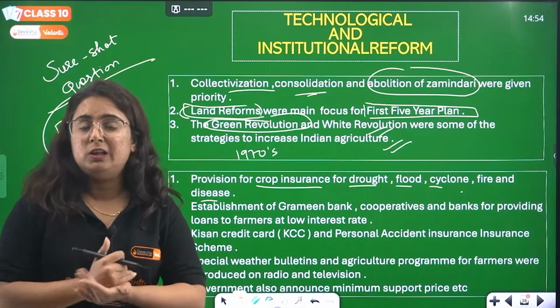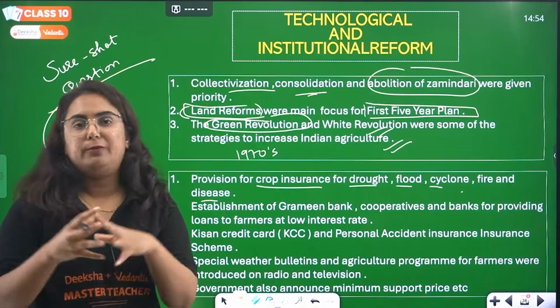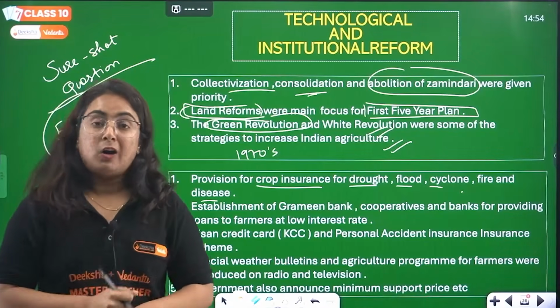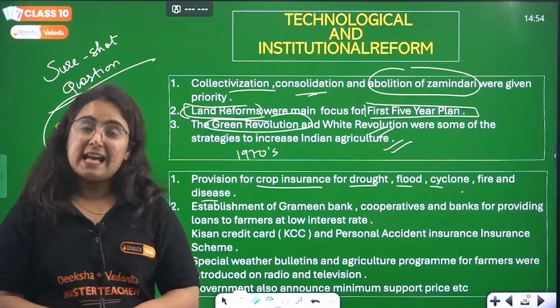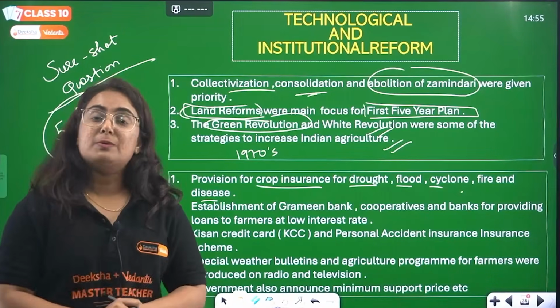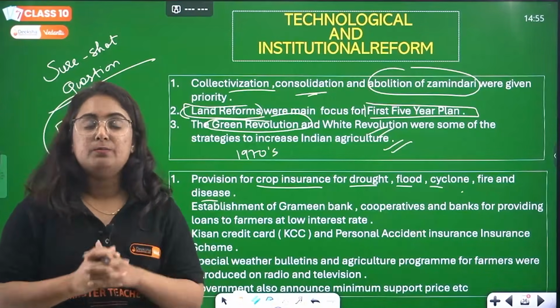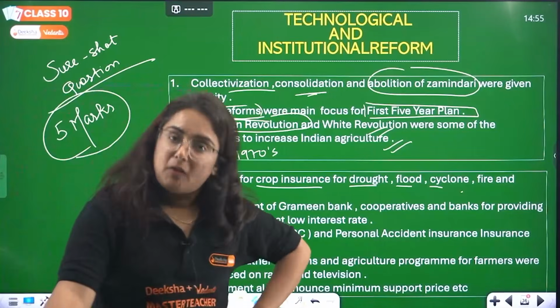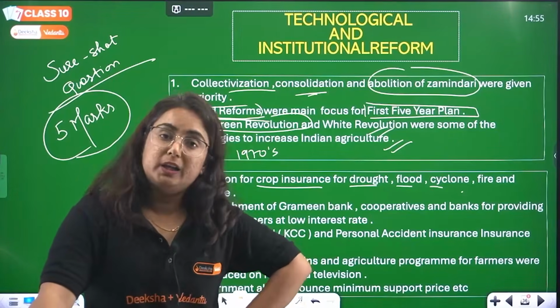India has a monsoonal type of climate, so it is quite difficult to predict the cycle of the monsoon or its impact every year, and hence a lot of times crops fail due to drought. Crops fail due to excessive water like flood, due to fire and many things. Now, is this the mistake of the farmer? No, but who will bear it? The farmer.